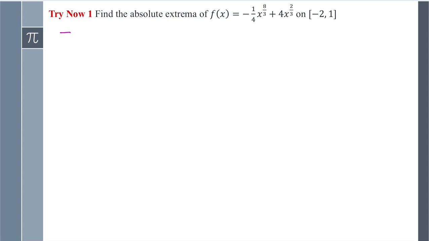So the first thing, again, we are going to find the derivative of that function. So negative 1/4 times x to the 8/3, so we bring 8/3 here. x to the 8/3 minus 1, which is 5/3.